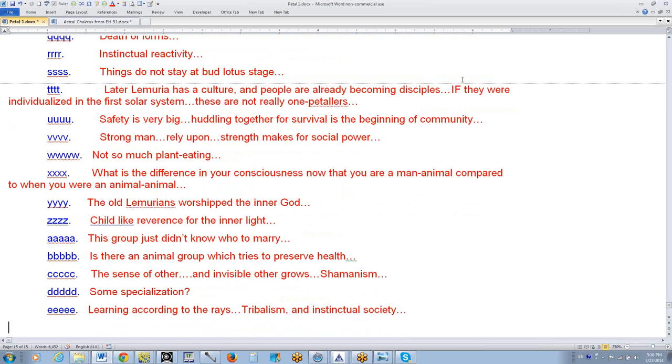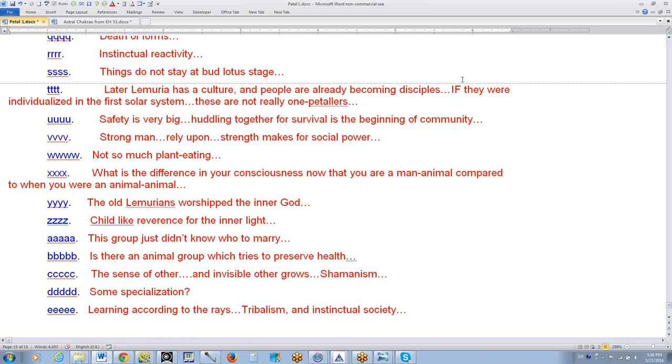reactivity. Later Lemuria, overlapping with early Atlantis, did have a culture. And the people were already becoming disciples, and were already anticipating what initiation was, but they were not those who had been individualized on the earth, unless such fast movers as the Christ.